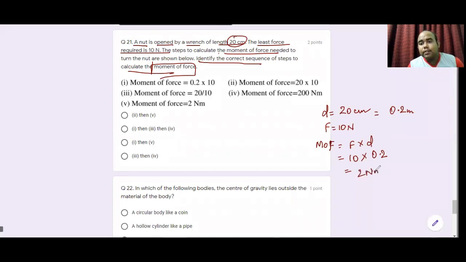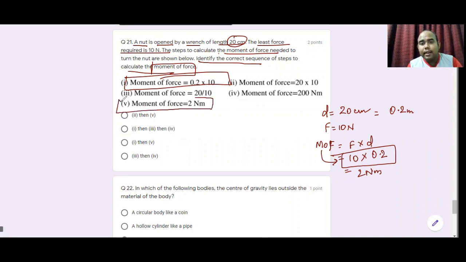So if you see which step we arrived at first, 10 into 0.2, तुमने किया moment of force करने के लिए. So moment of force is 10 into 0.2, or you can say 0.2 into 10. So the step 1 given over here is actually the step that we arrived at first, and then इसको solve करके हमारा 2 Newton meter आया.